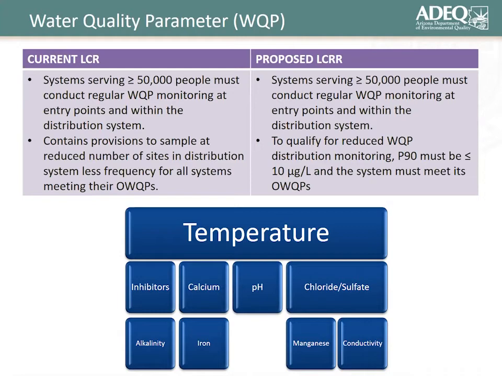In the current LCR, water quality parameters are only required to be monitored if they have designated corrosion control treatment or after an ALE, which can be an issue for us, as we're seeing what's going on from a water chemistry perspective way after lead and copper releases start happening.